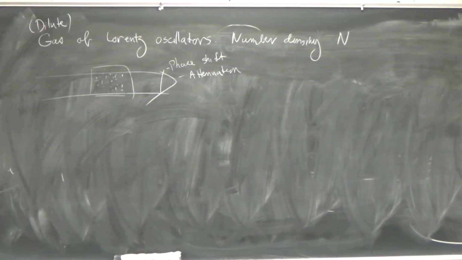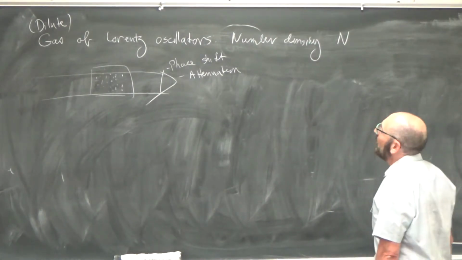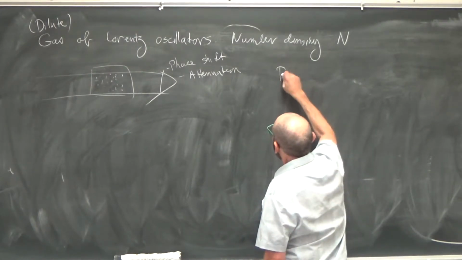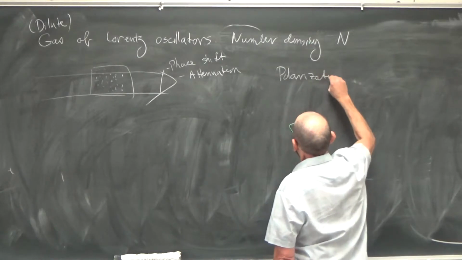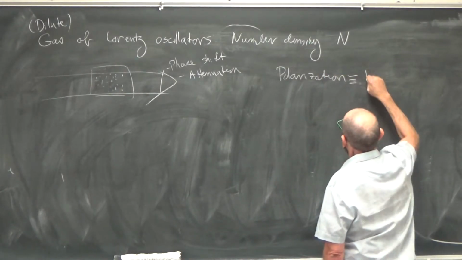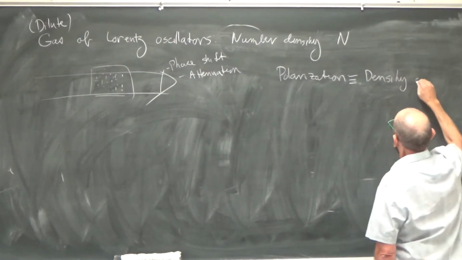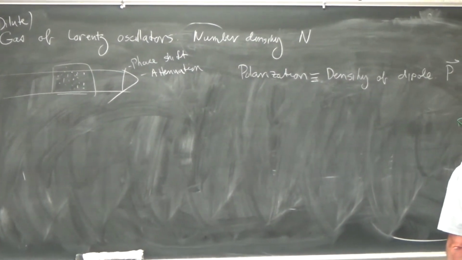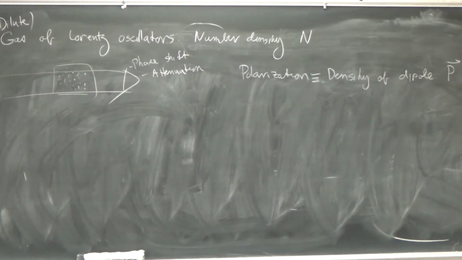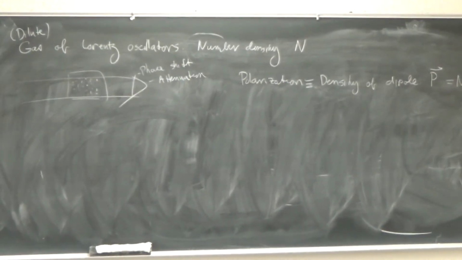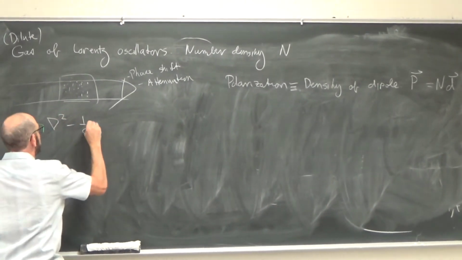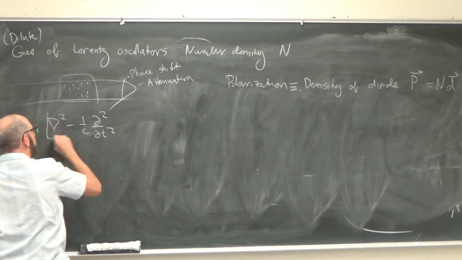How would I find those? Well, I could use Maxwell's equations. So what I would write here, I'd say, okay, I have a polarization, also known as the density of dipoles, often written as P. It's n times p. Okay. So that's the polarization, right? And then I have Maxwell's equations for the electric field.